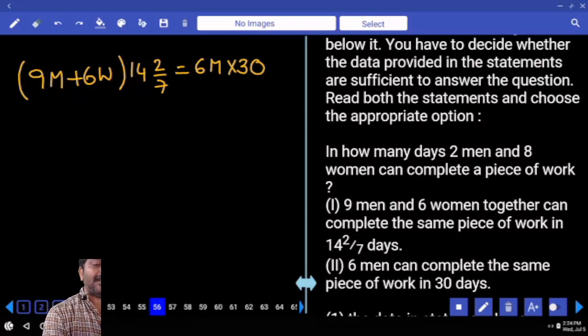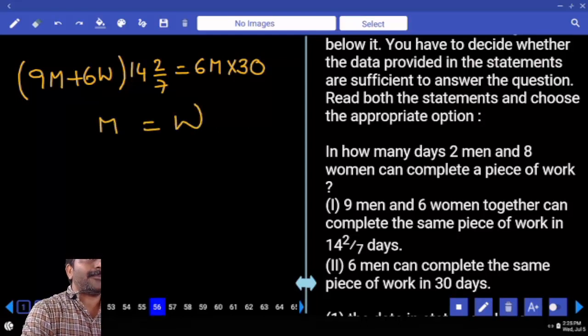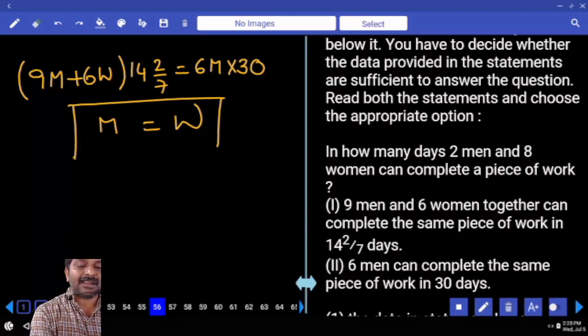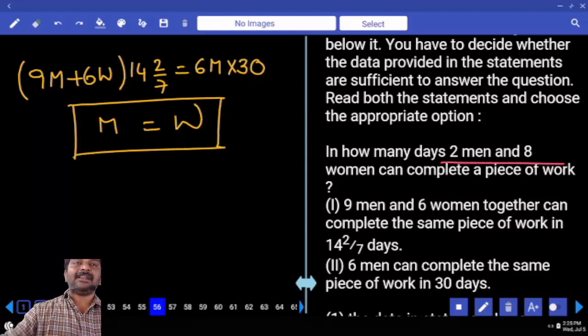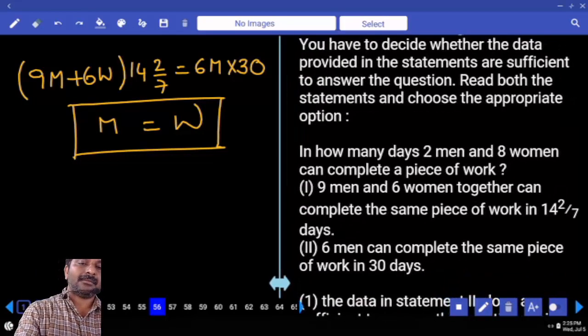If you use it, definitely we can calculate the relation between men and women. Once we have that relation, we can convert the entire data to only men or only women, whichever is required. And again, if you use M1D1, M2D2, can you answer the question or not? So what is the answer for this question? Both are required. Yes. Right.